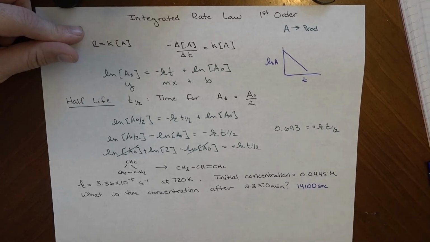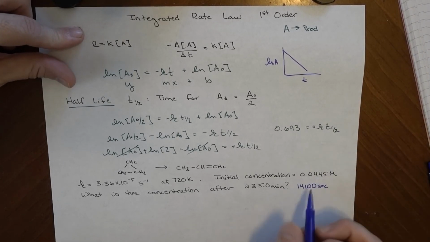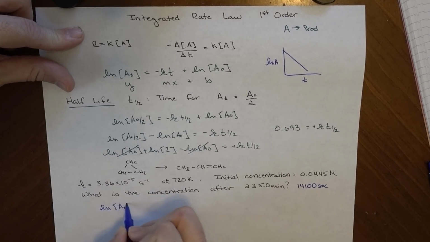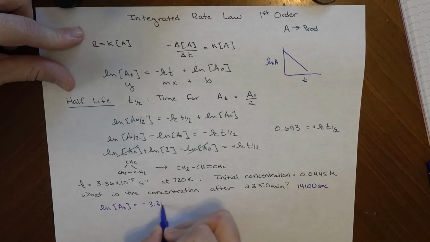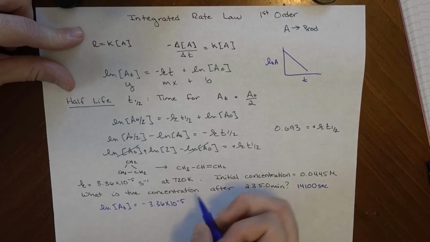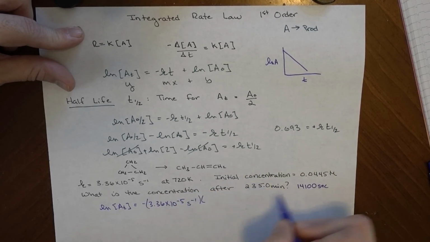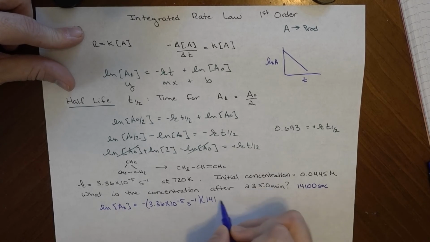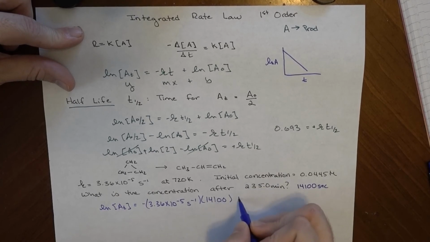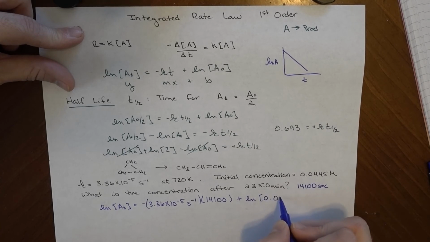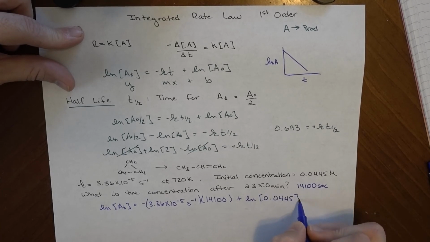Okay, so let's go through and see if we can just solve this. So the natural log of A at some time t is equal to negative 3.36 times 10 to the minus 5 per second, and that is going to be multiplied by this number of seconds, 14100 seconds, plus the natural log of our initial concentration, 0.0445.